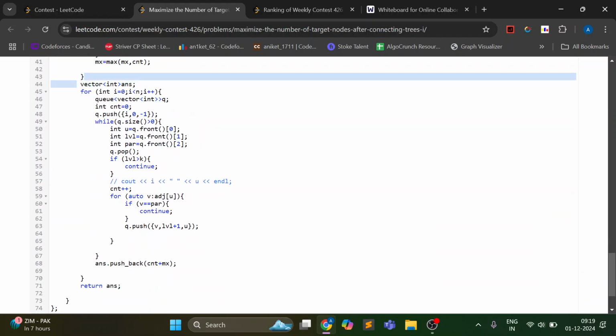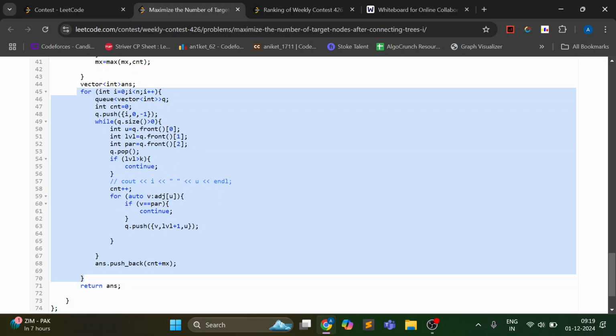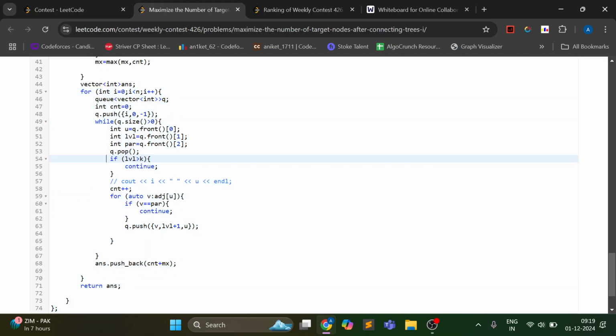Now what I'll do, I will iterate over the first tree, so all the nodes on the first tree, 0 to n. Then I will find the count of nodes up to level k if we root the tree at I. So the count here would be the contribution of that node in the first tree.